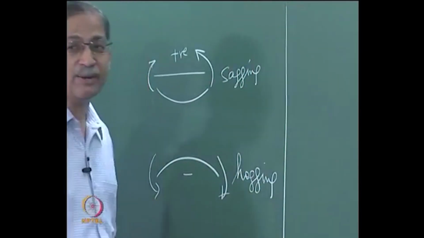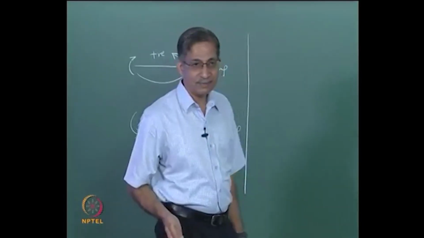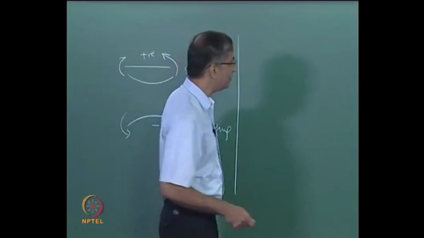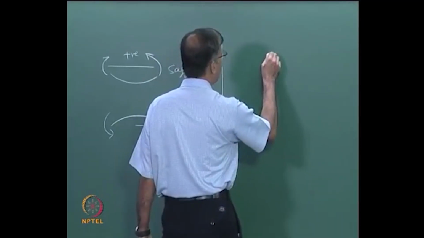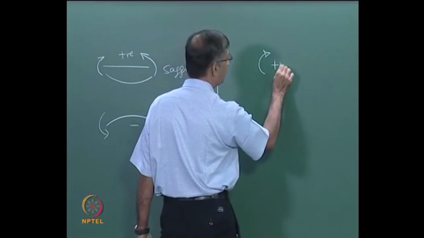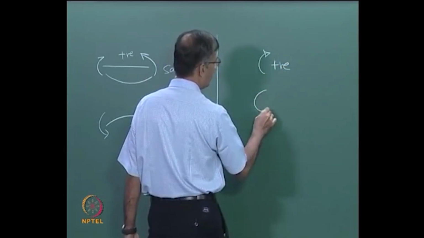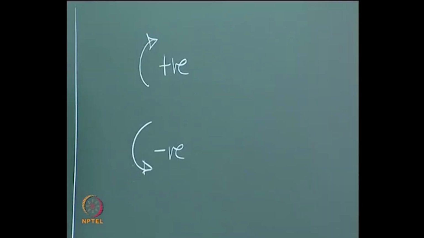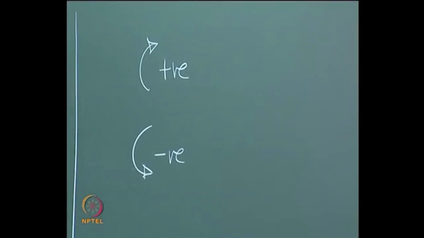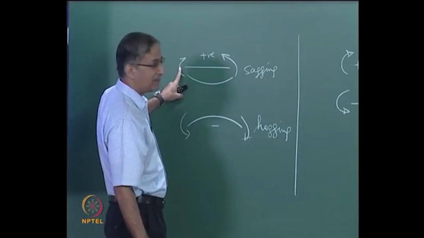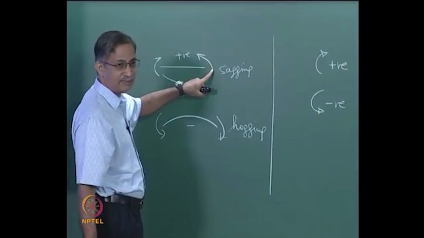Now for the sake of analysis, we are using a different convention. The convention we are using is clockwise, whether it is on the left or right, is positive and anti-clockwise is negative. Historically this has been the convention. So you will see this is positive as far as the beam end is concerned and this is negative.